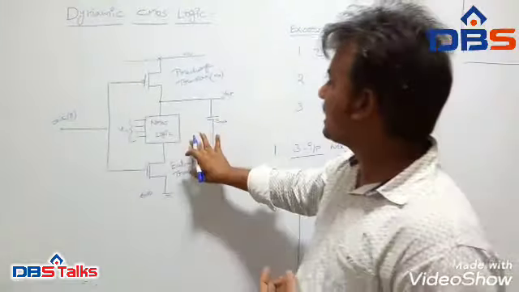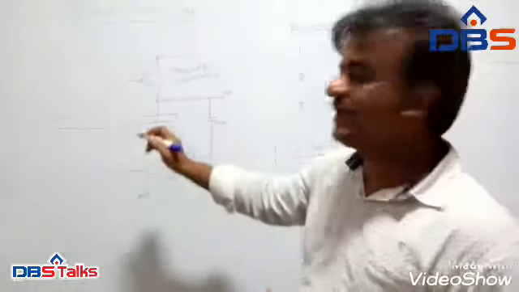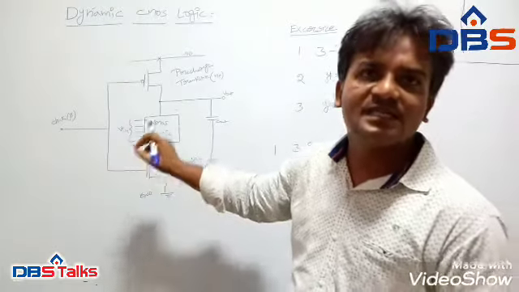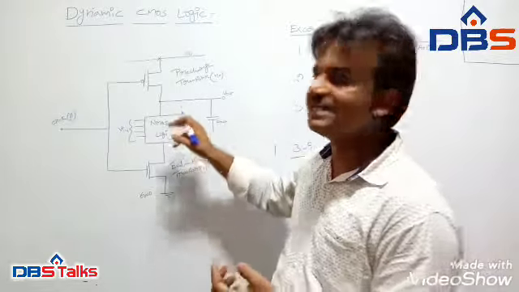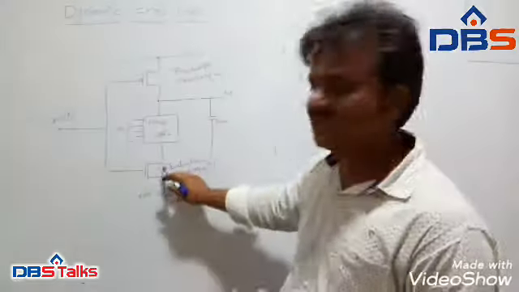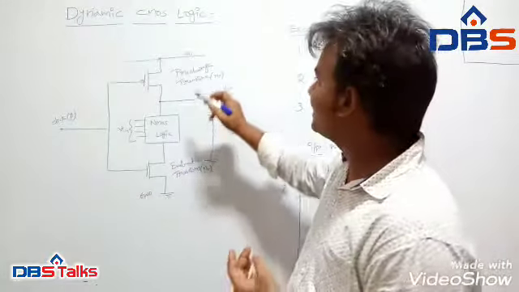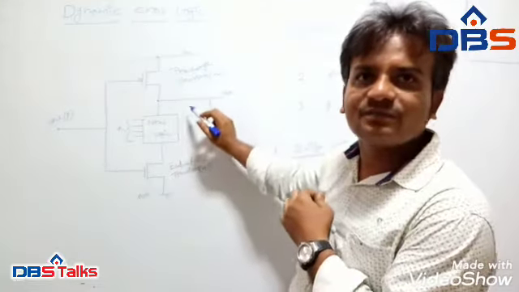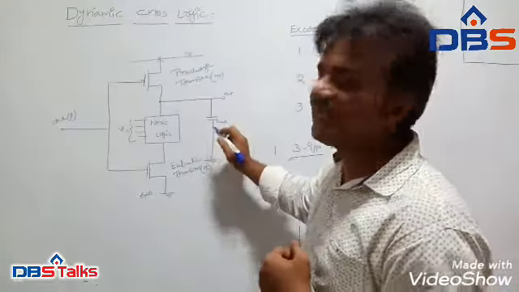Coming to the operation, whenever we apply the clock phi equal to 0, the circuit is in the pre-charge phase, with the PMOS device on and the evaluation NMOS device off. This establishes a conducting path between VDD and the output, allowing Cout to charge to the voltage VDD.